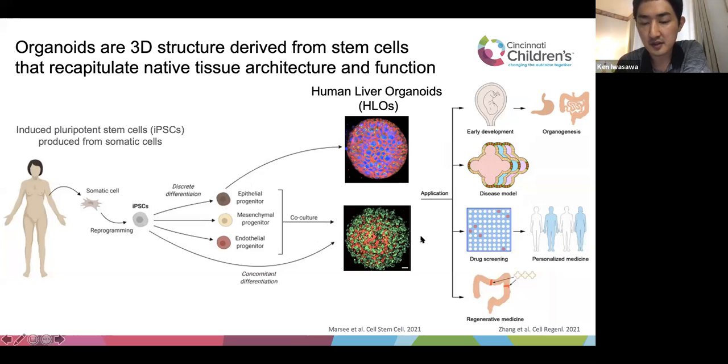Using these human liver organoids, we are able to study early development, which I'm focusing on a little bit today, and organogenesis, but also model diseases such as Alagille syndrome, and use them for drug screening to find a good drug, especially in the future for personalized medicine, and also for regenerative medicine.